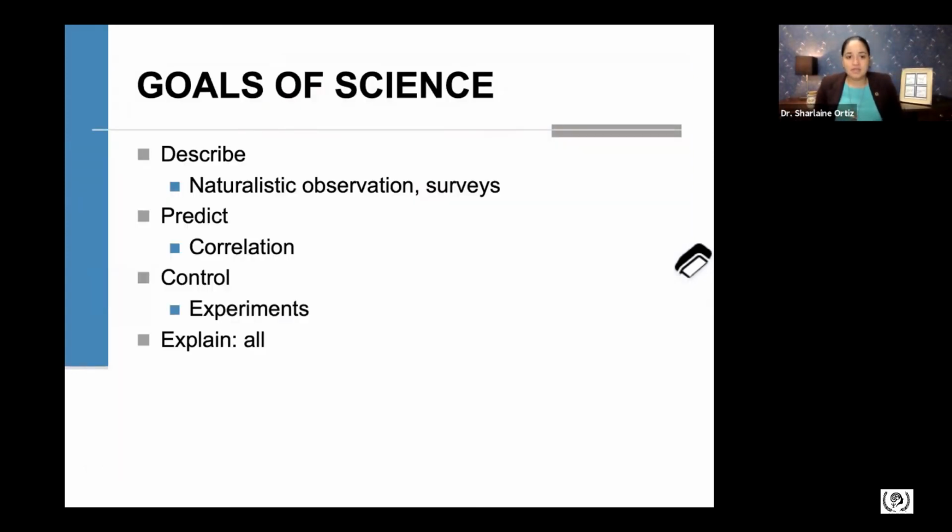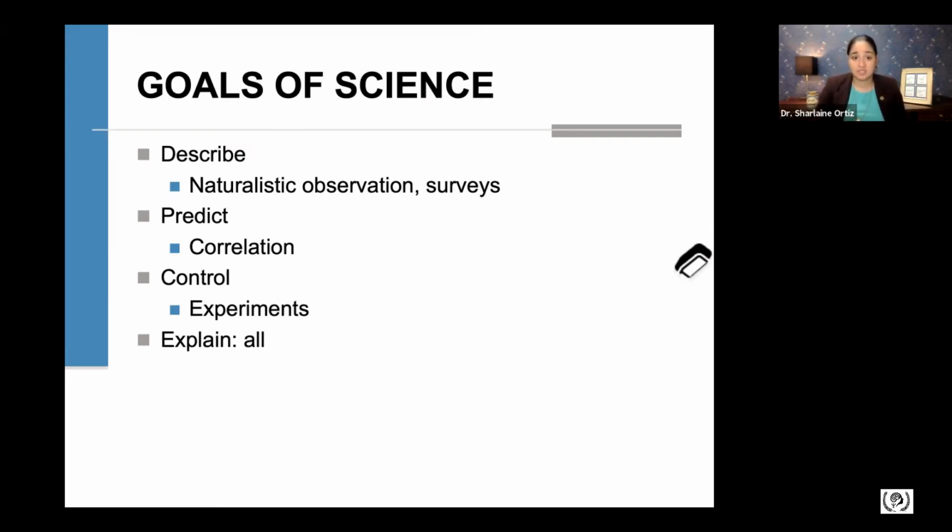Now, something that we need to understand about what science tries to do. What exactly is science focused on? Well, something important to understand is that the goal of science is to describe. The goal of science is to understand the information, the phenomena that we are exposed to, or the phenomena that we encounter.